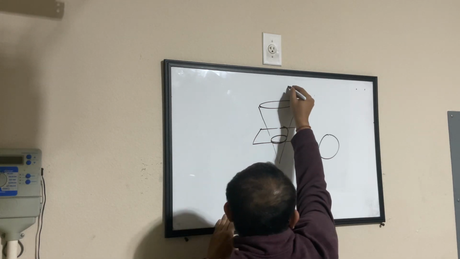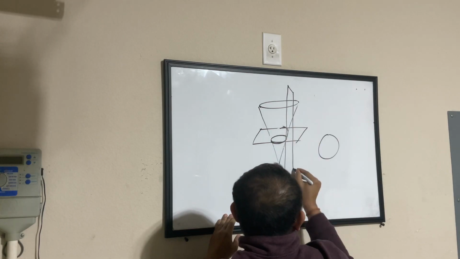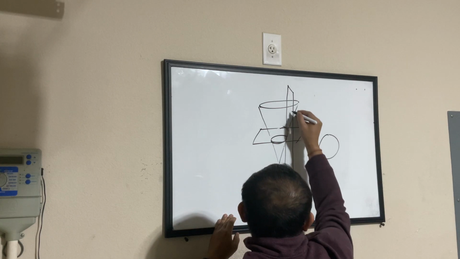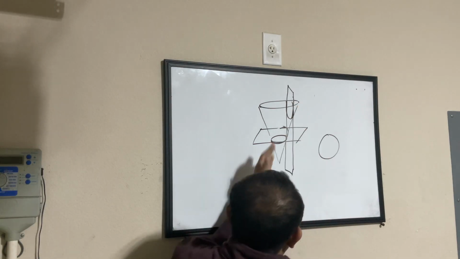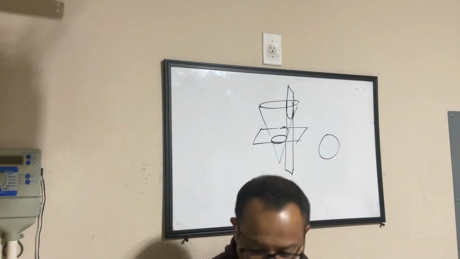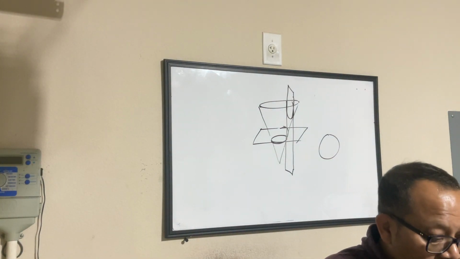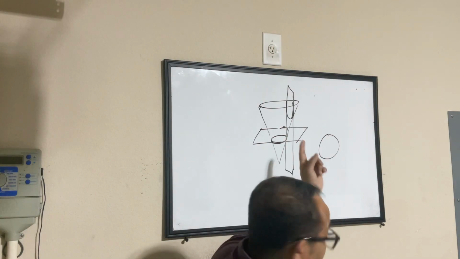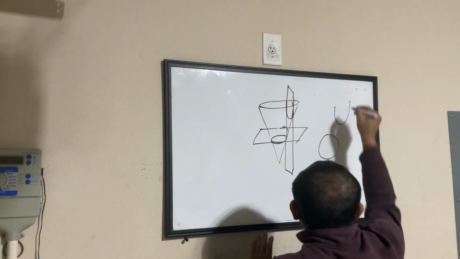If I use a plane which slices this cone from this side, then this is what you will get to see when you look at the side view of it, and that is nothing but a parabola.